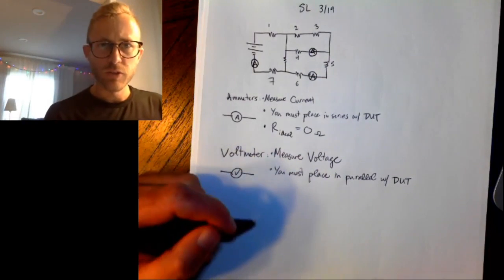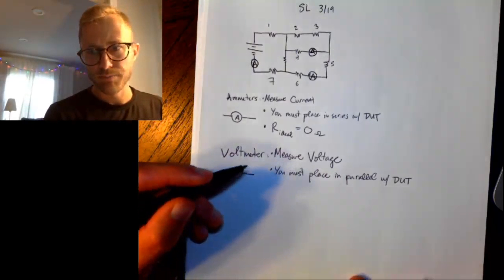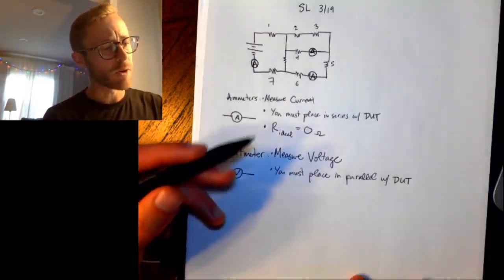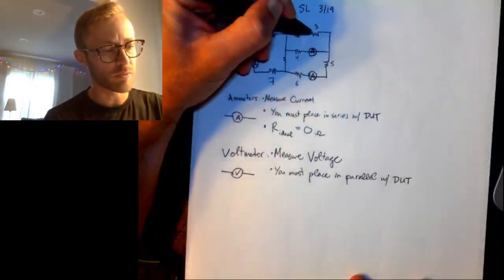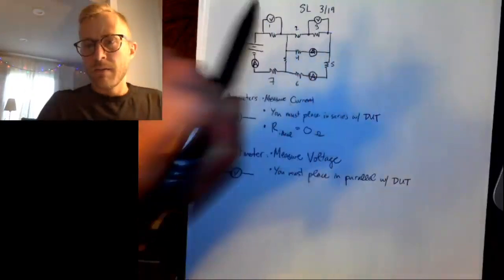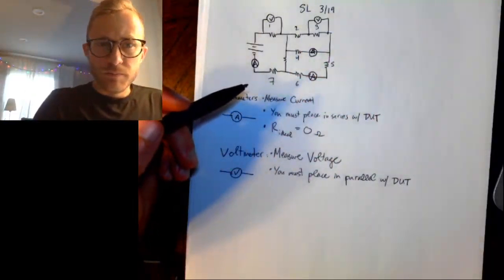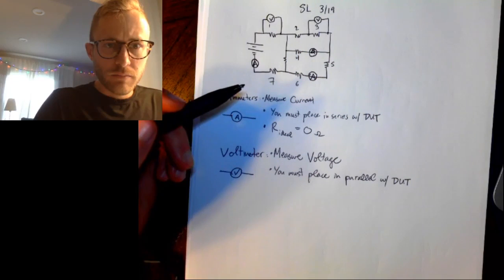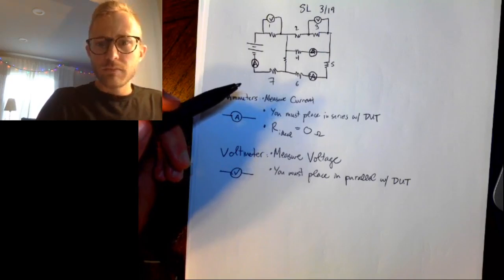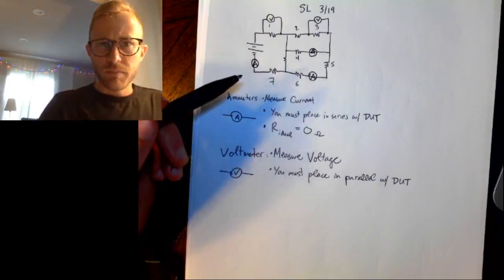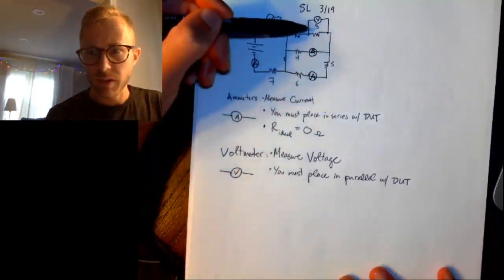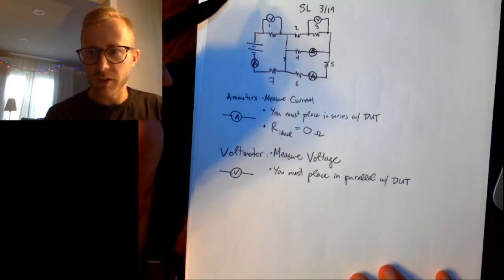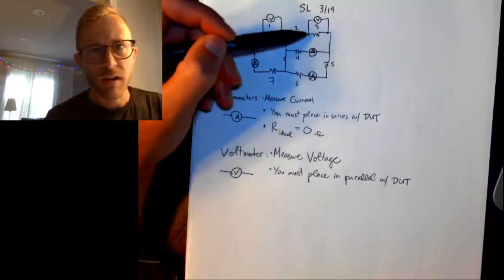Okay? So if I wanted to measure what is the voltage across this resistor number 3, okay, so I'm back, and I drew a little bit more before I realized that I wasn't broadcasting.